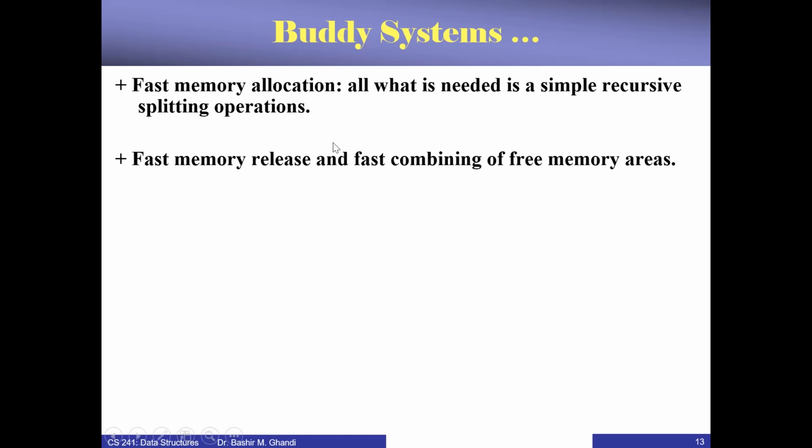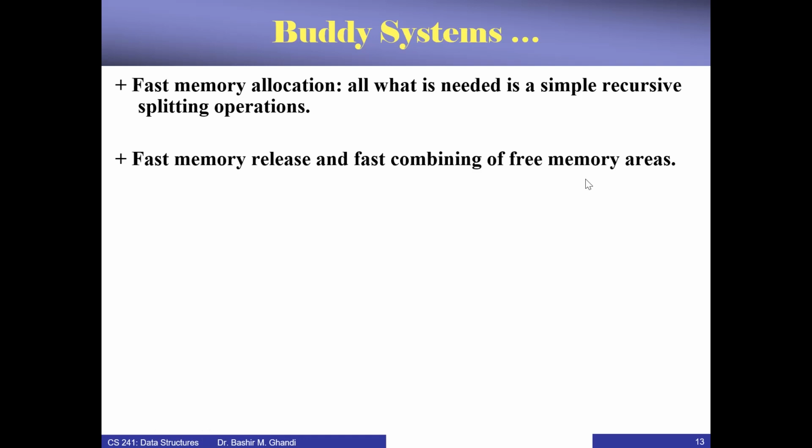And similarly, there is a fast memory release, much faster actually than sequential methods. So this is the advantage of the buddy system: fast memory allocation, fast memory release, fast combining of free memory, because of the simple way that you can get the address of a buddy from its own buddy.